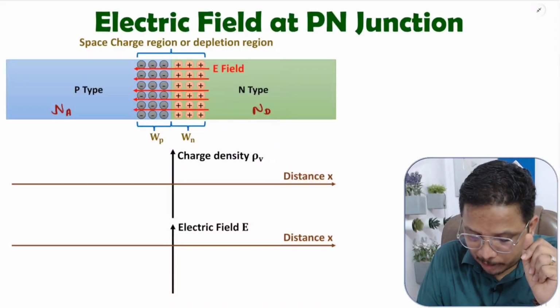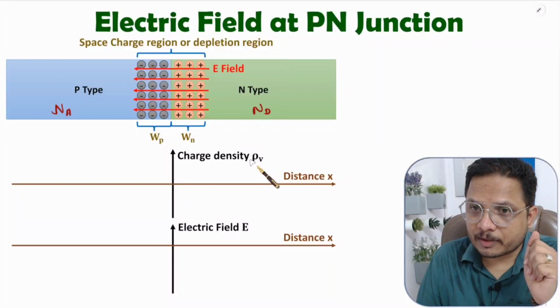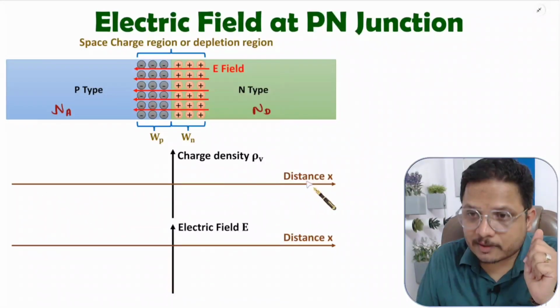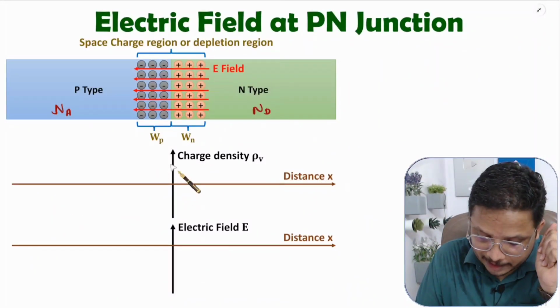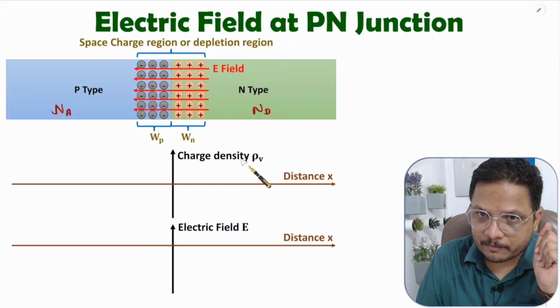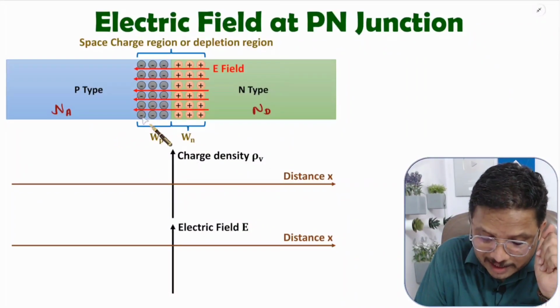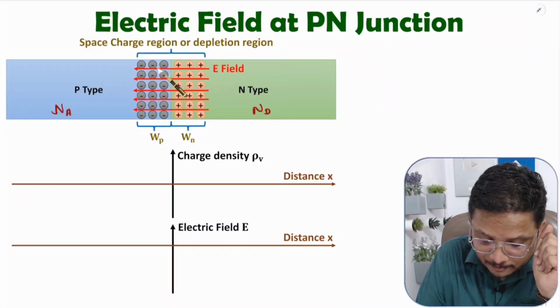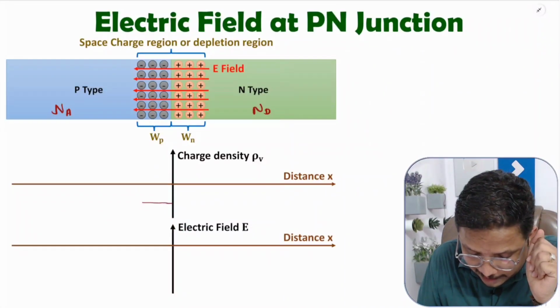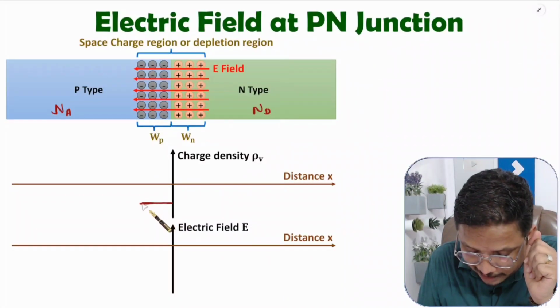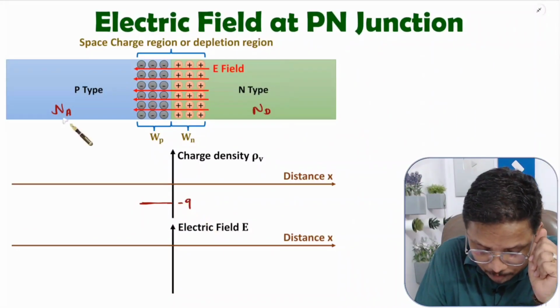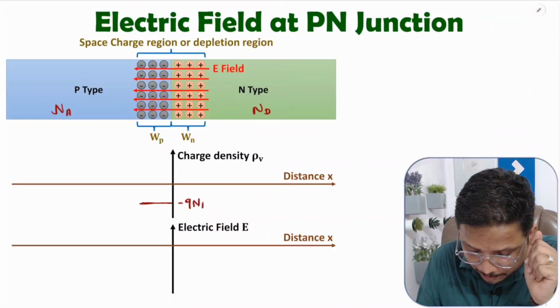So first I'll plot charge density over here. On the horizontal axis we have distance, and vertically we have charge density. At the side of P type we have negative charge density due to negative ions. What is the value of that negative charge density? Negative charge density will be minus Q into concentration Na.